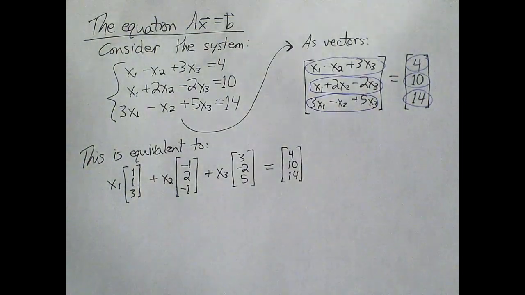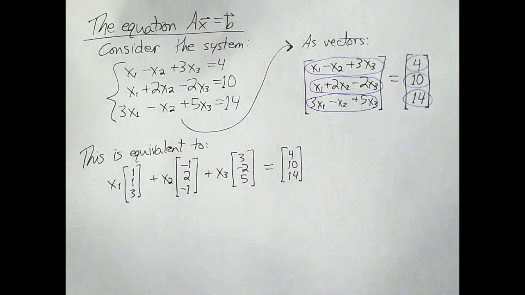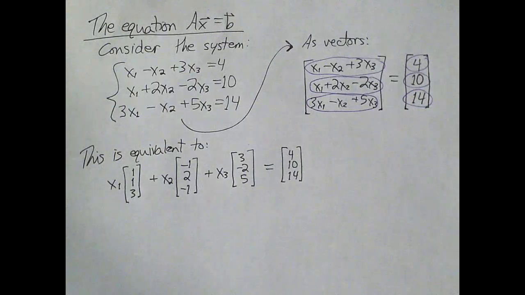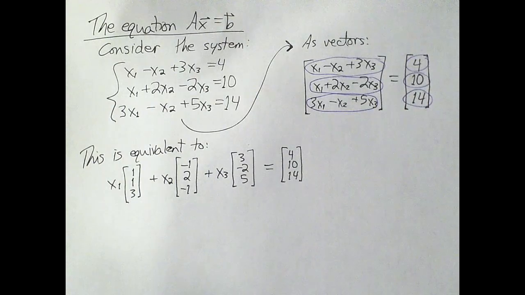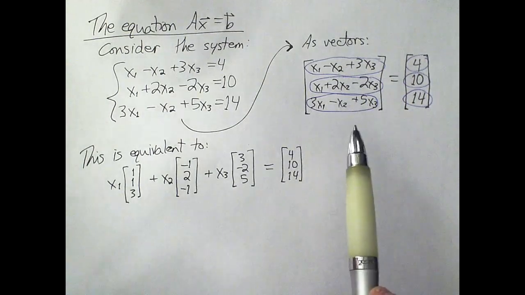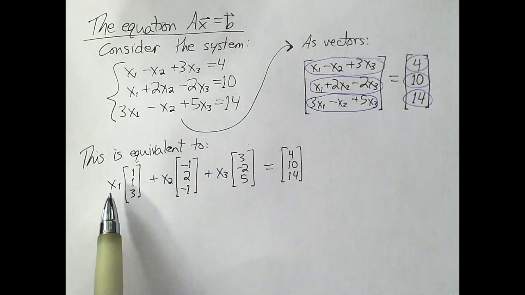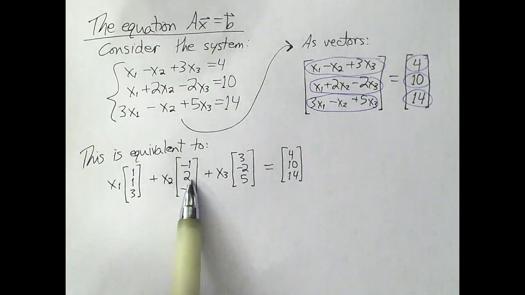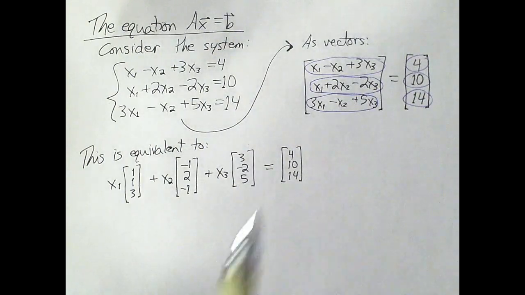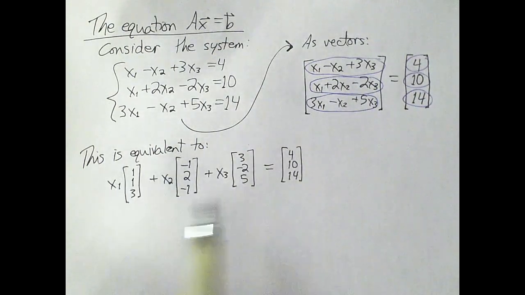So it's kind of like I've done the opposite of what we were doing in those previous problems. Before, we had a scalar times a vector plus a scalar times a vector plus a scalar times a vector, and we merged everything together to simplify it. Now I have one vector, and I'm splitting it apart into scalar times vector, scalar times vector, scalar times vector.